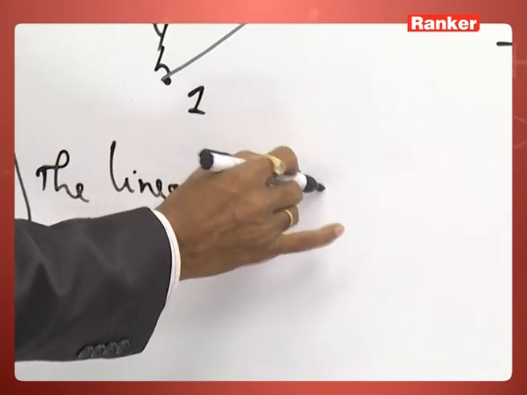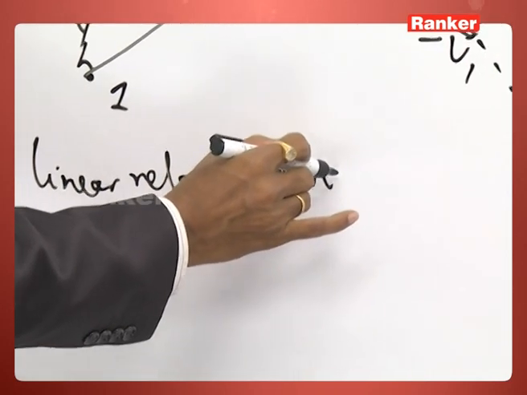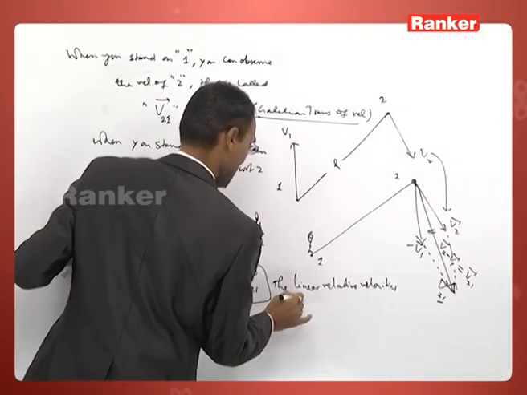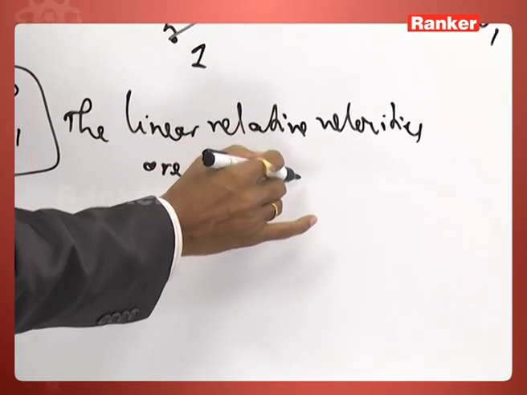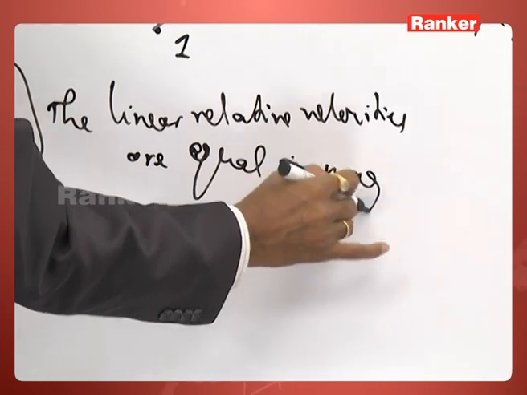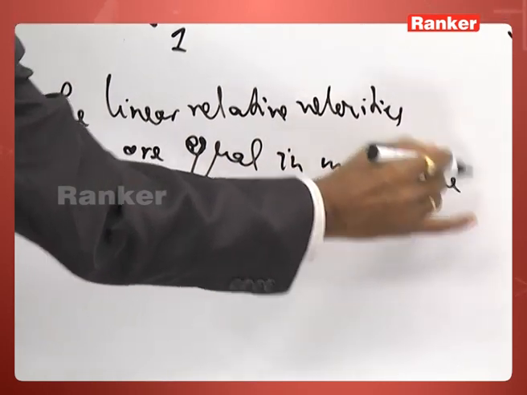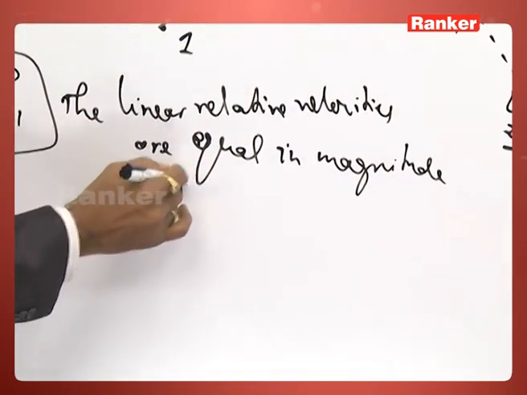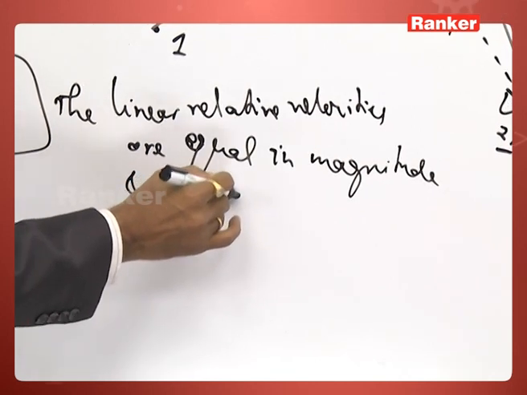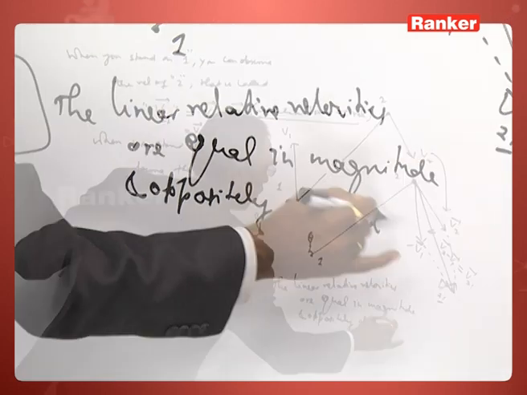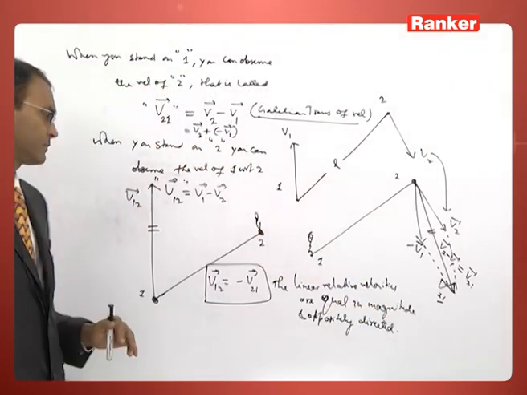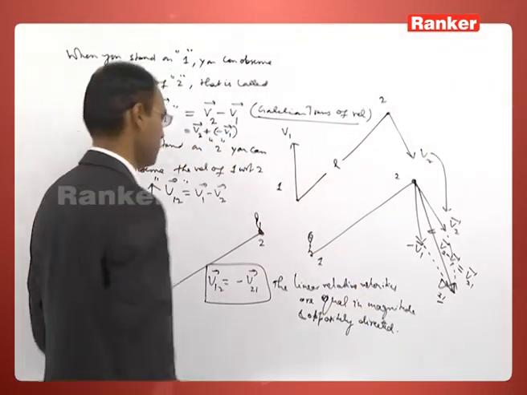Relative velocities are equal in magnitude and oppositely directed. This is one of the great concepts.